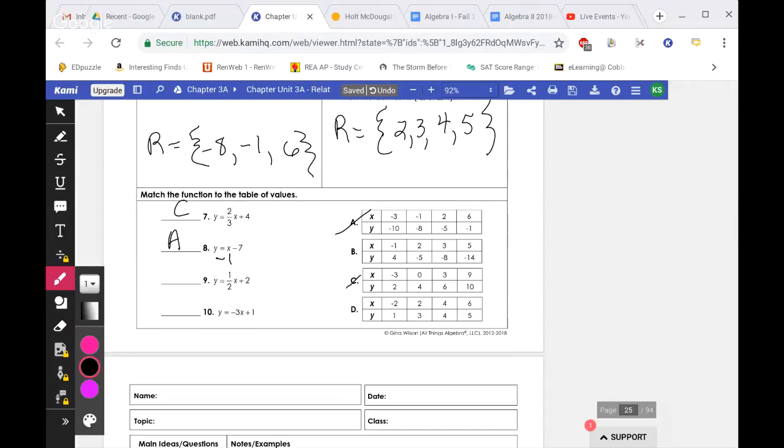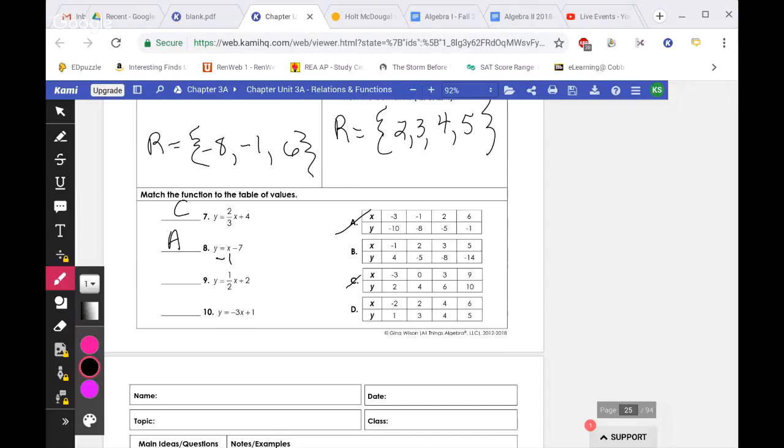And so a really cool thing, personally, if it were me, what I would do is opt for the one with the fraction, because I know that I'm going to pick for my X values multiples of the denominator. What's the denominator in number 9? 2.